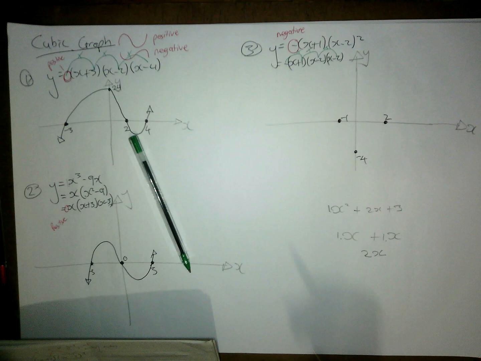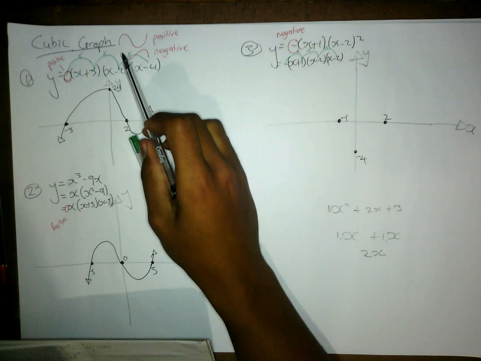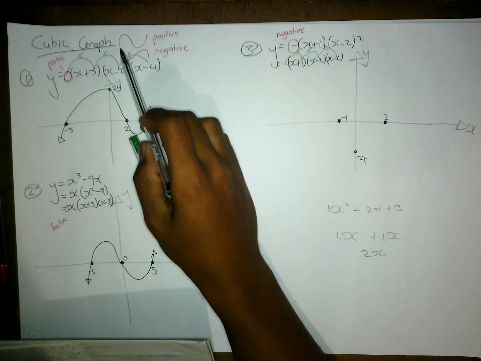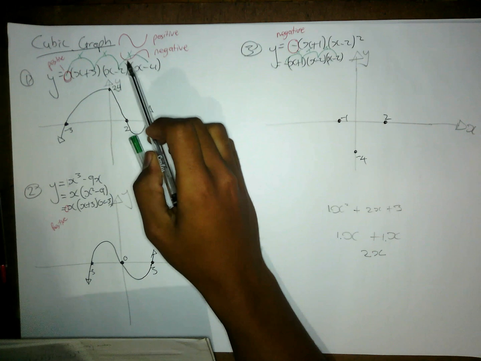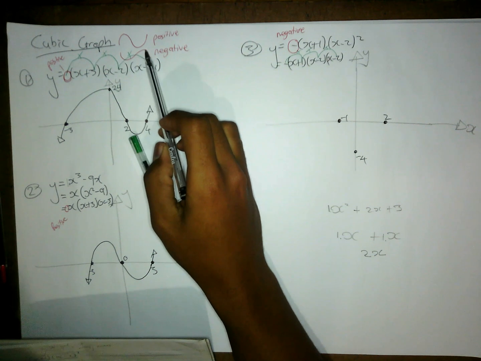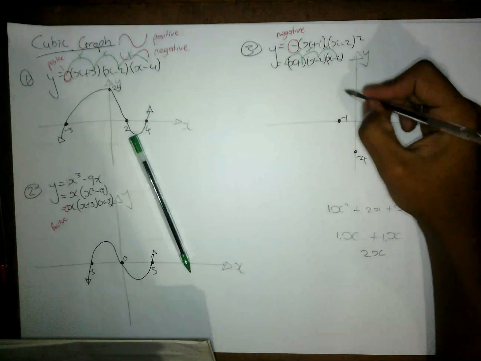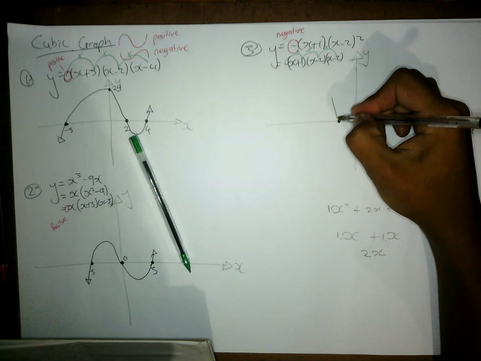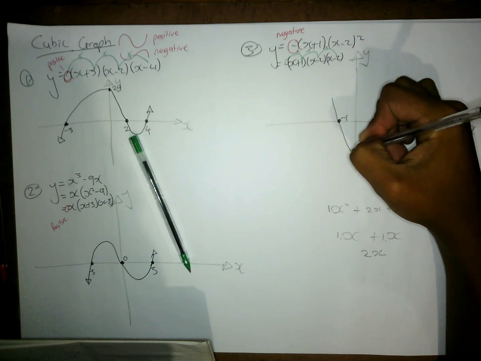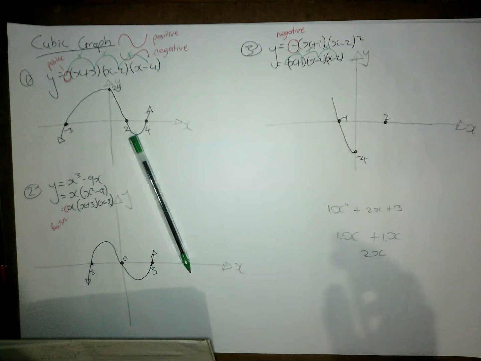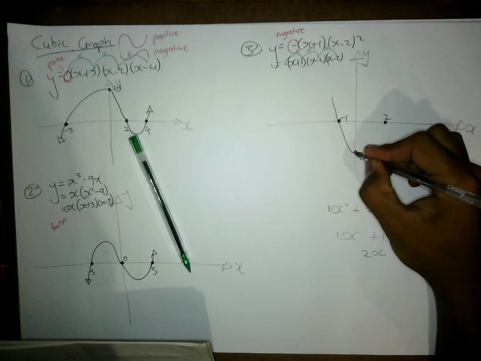So if you remember this, our negative graph, it starts from the top like this. It takes a curve under and then it curves down again, up and under. Okay, so we draw it like this. It's gonna come down, it's gonna pass through our y-intercept.